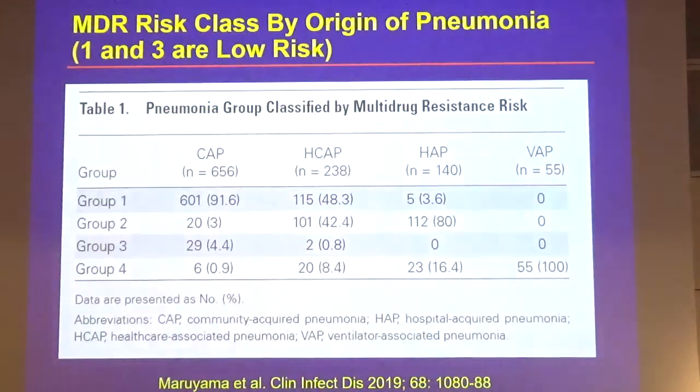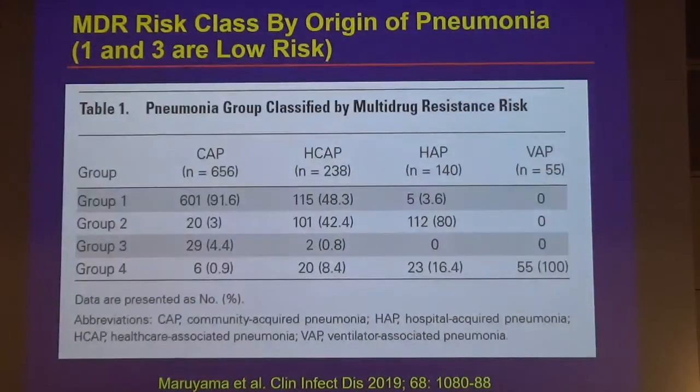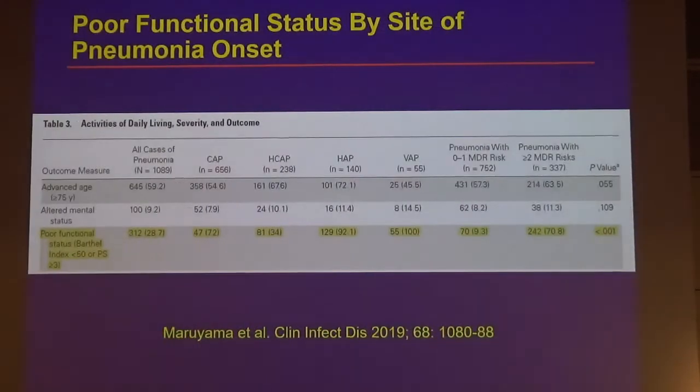If you look more carefully at the treatments that they got in community-acquired pneumonia, remembering groups 1 and 3 are the low risk, the frequency with which broad-spectrum therapy was used was under 5%. In HCAP, about 50% got broad-spectrum therapy. And then in nosocomial pneumonia, narrow-spectrum therapy was relatively infrequently used.